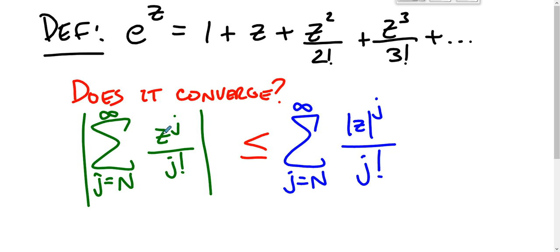So z is an a plus bi kind of a thing, raising it to the j. And so if we take the absolute value of the sum, it's less than or equal to the sum of the absolute values.